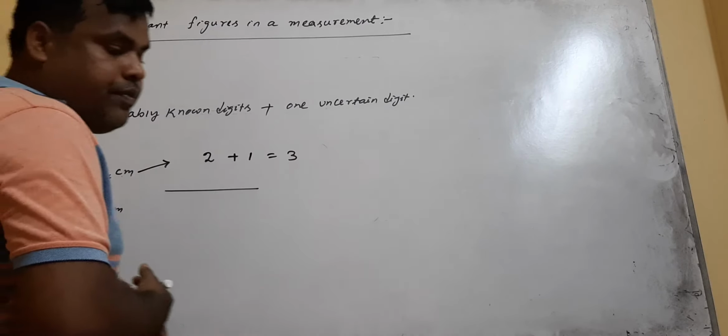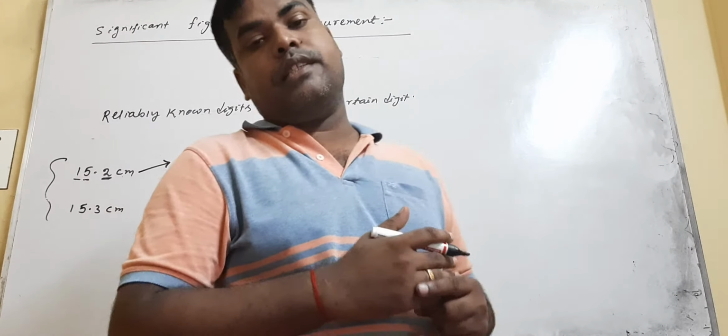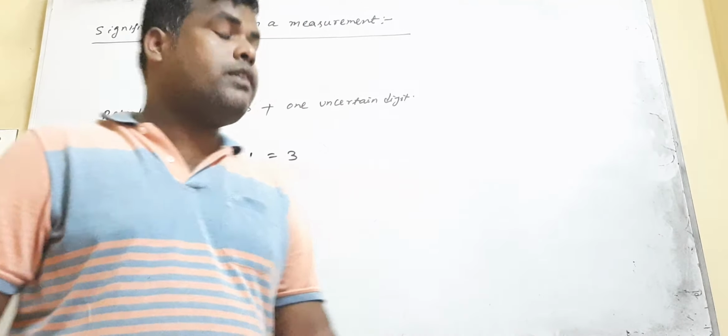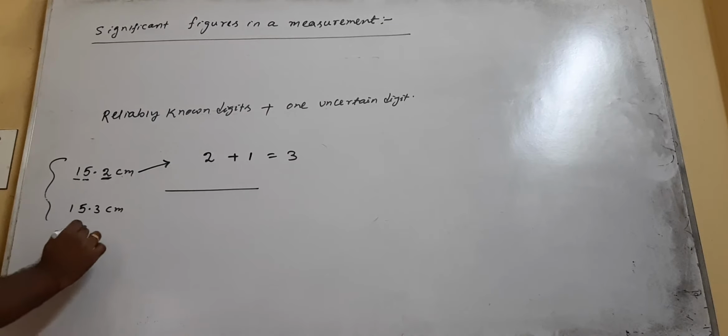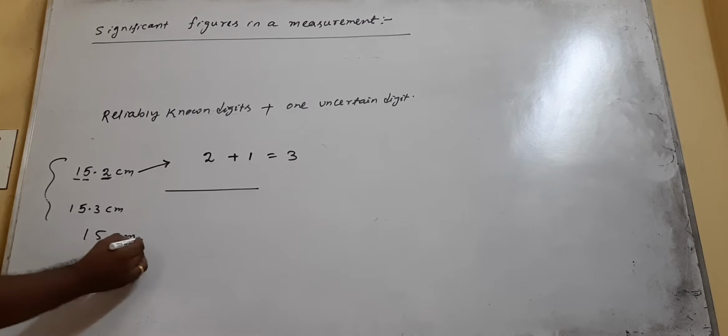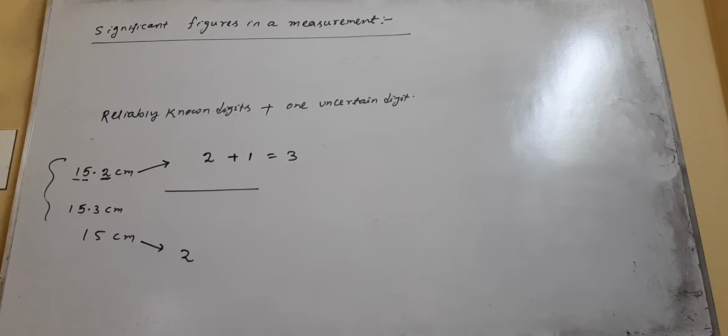So you remember, the more the significant figures, the higher the accuracy of your measurement. Suppose another student measures 15 centimeter. Here in this measurement, the significant figure is 2, because it is one certain digit and one uncertain digit. 1 plus 1, that means 2 significant figures in this measurement.